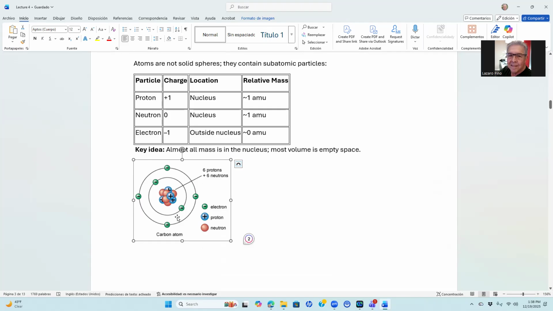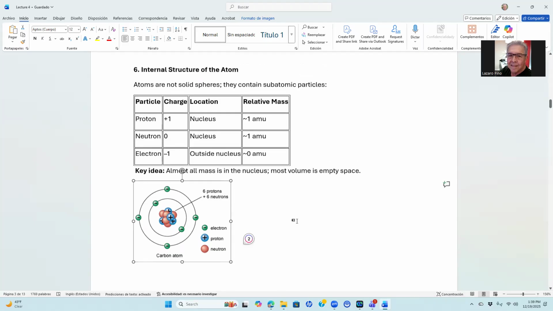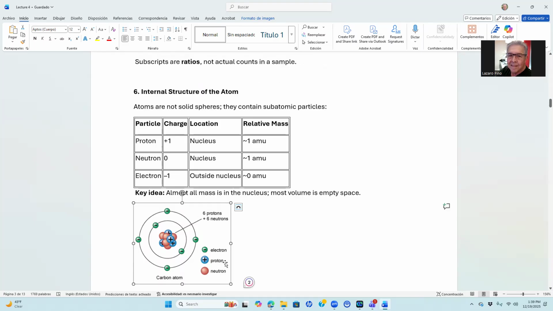We are going to study the structure of the atom deeper in other chapters. That's all for now, and remember how to calculate the number of protons, the number of neutrons, and the number of electrons. See you in the next lecture.